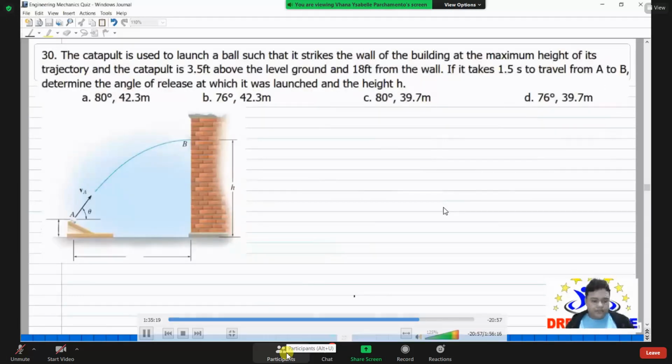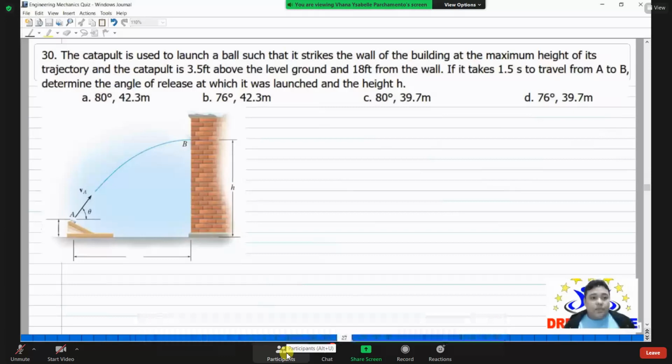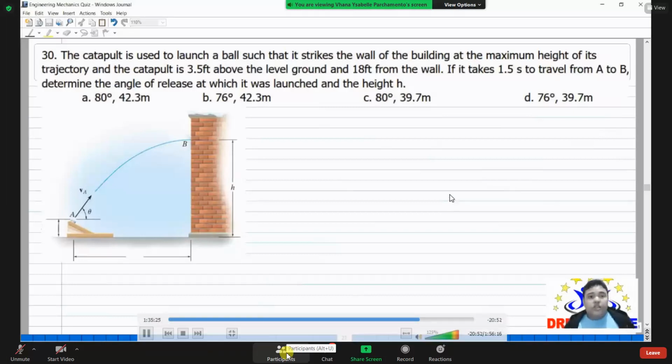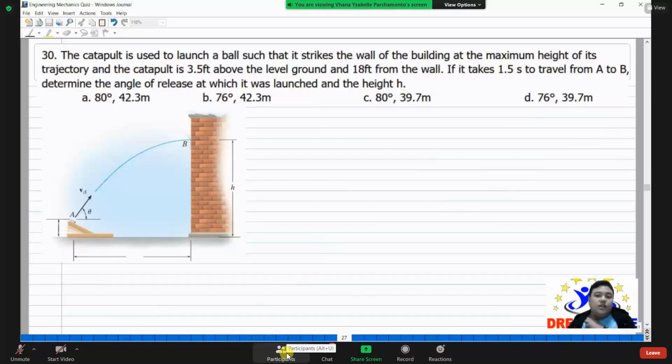Next, number 30. A catapult is used to launch a ball such that it strikes the wall of the building at the maximum height of its trajectory. Dito, hindi siya nasa level ground, kundi meron pa siyang elevation na 3.5 feet yung catapult natin, then magsa-strike siya 18 feet from the wall.